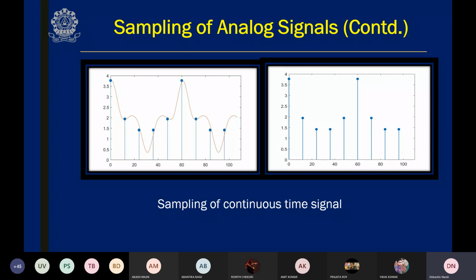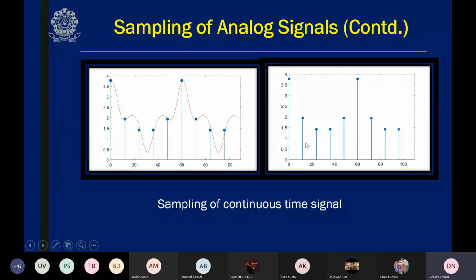Now you see, if you want to reconstruct the analog signal from these sample values, then generally we use some interpolation technique for getting the value of the signal at any particular instant. So we have different types of interpolation techniques.